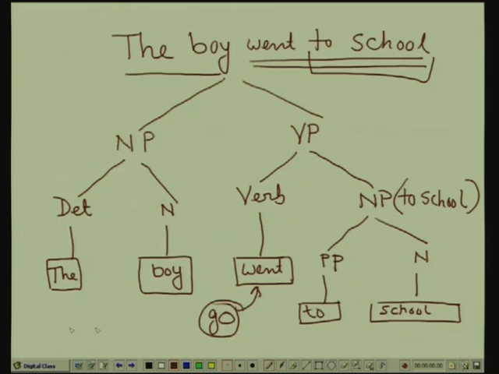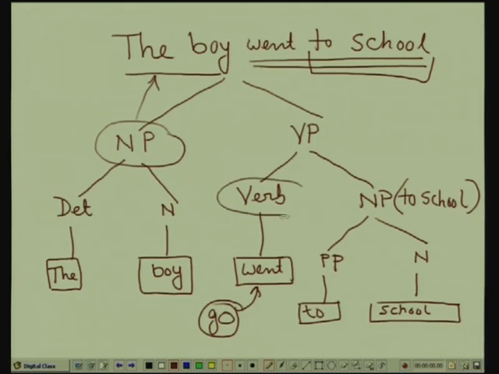But by this parsing, what have we got? We have been able to understand the role of each of these words, that okay, the boy is a noun phrase. So, that is the subject of this sentence.